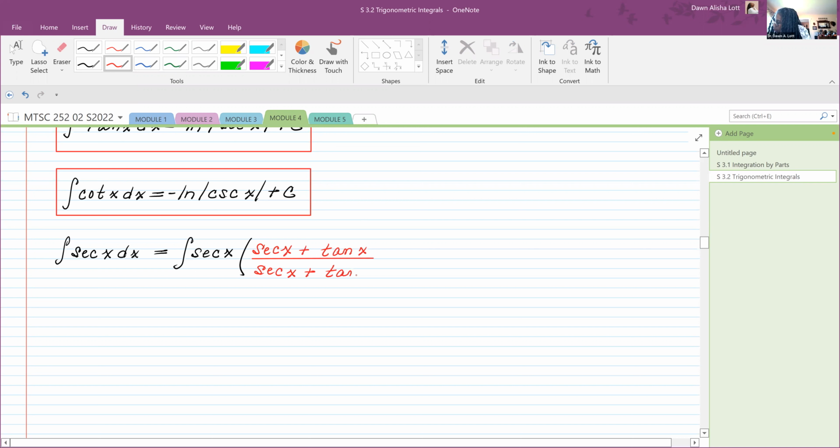That quantity is 1, and so I can multiply any integral I want by 1 and not change it. So this conveniently becomes the integral. In the numerator, I get secant squared x plus secant x tangent x. They should sound familiar to you. And then I have secant x plus tangent x in the denominator.